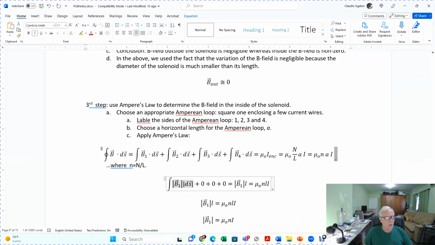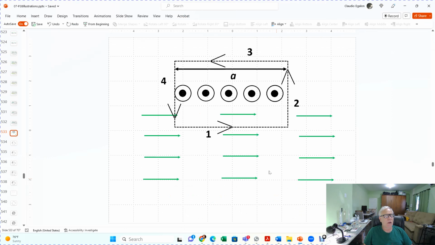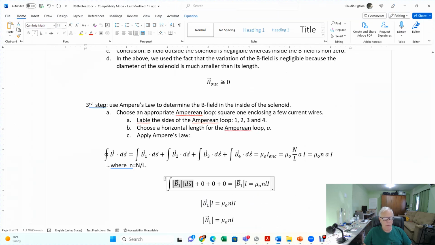On the vertical sides of the loop, the path is perpendicular to the magnetic field, so B dot ds is going to be 0. That's why I have a 0 for this term and this term. And B3, what is B3?